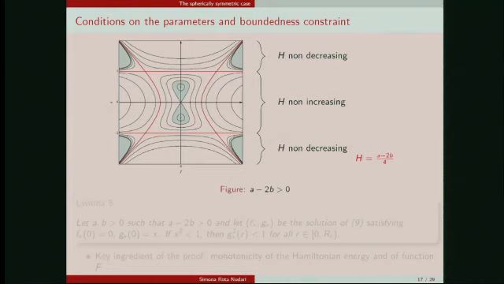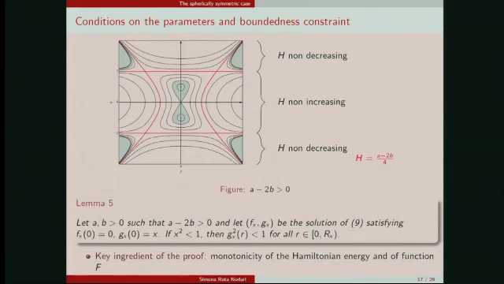Then the only possibility is to have A bigger than 2B. And in this case, using again the monotonicity of the Hamiltonian energy and of the function f, we obtain this lemma, which asserts that if the absolute value of x is smaller than 1, then the absolute value of j(x)(r) is smaller than 1 too.